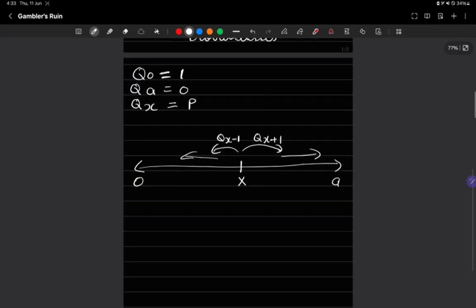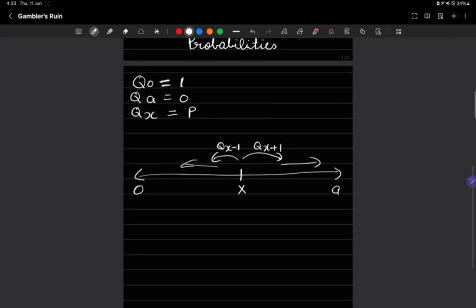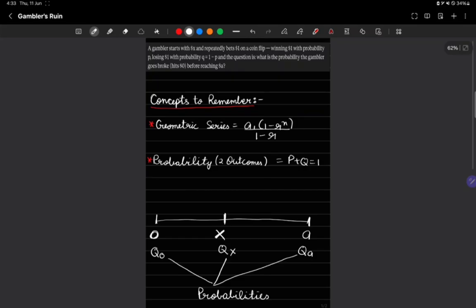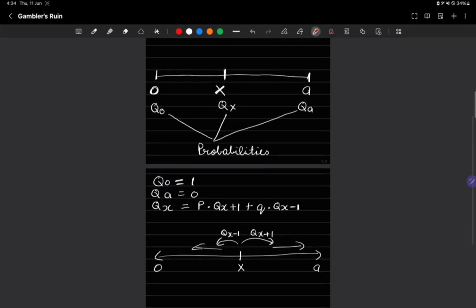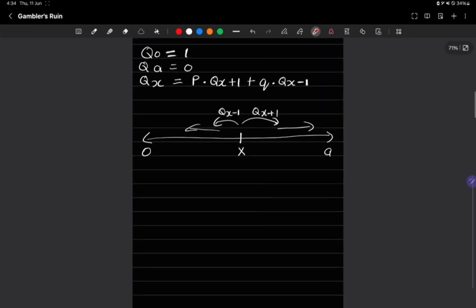So we know that the probability of reaching 0 from position X will be Qx plus 1. This is the probability that we will win, and this is the probability that we are going to lose $1 each, as the question says: $1 by winning and $1 by losing.